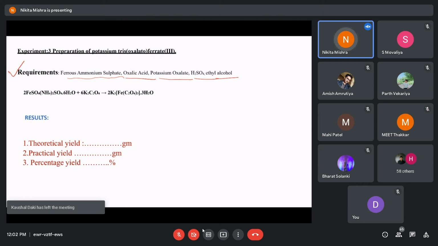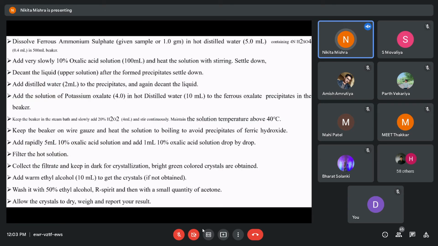Here we can see ferrous ammonium sulfate, and the other one we have to take is potassium oxalate. Here the reaction and preparation are written.